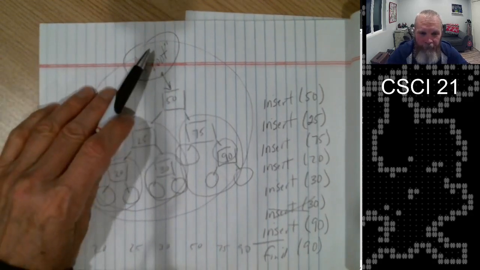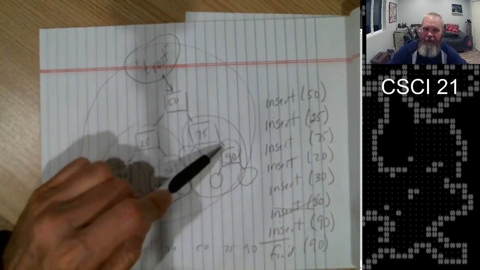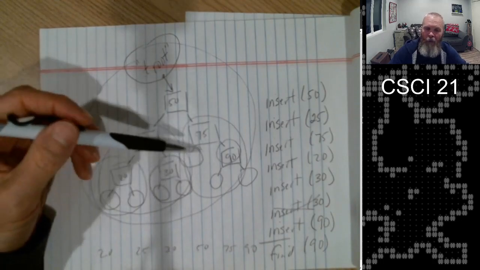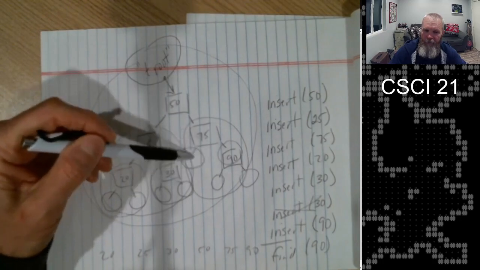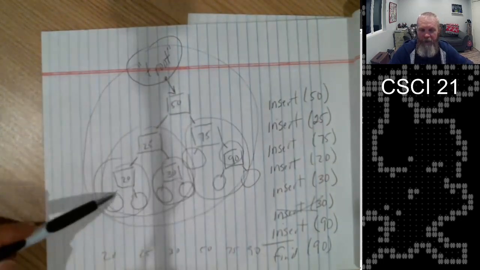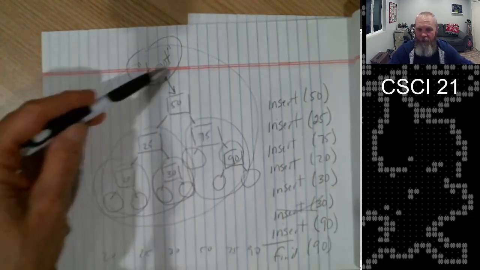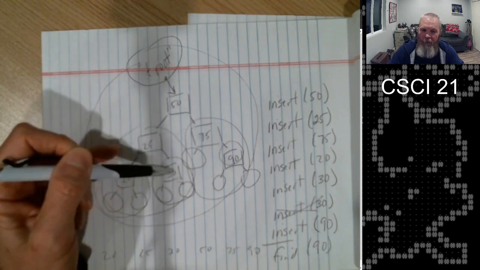So t-root could be pointing at the node that is at the top of any tree, or it could be one of these empty trees. So that's the thing to think about: once you get down into these private functions, don't think about the whole tree and what's going on in it. Just think about these smaller pieces.